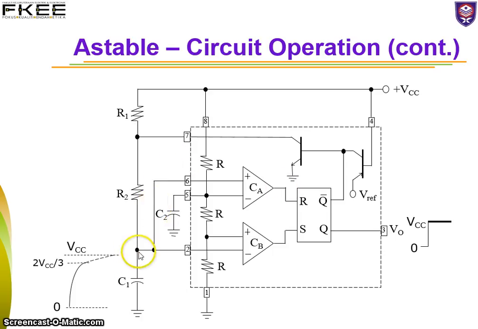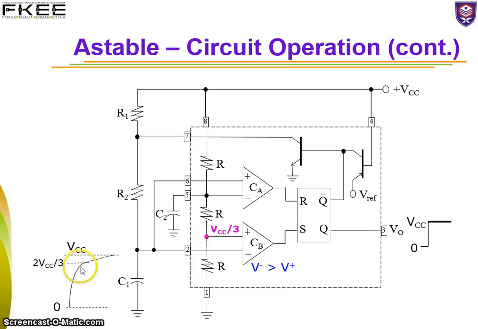This is your VCC going to pin 6, and we are comparing it at 2/3 of VCC actually. At the moment, for the lower comparator, the voltage here is still VCC over 3. We are comparing this voltage VCC over 3 with pin 2. Okay, now we are somewhere over here.